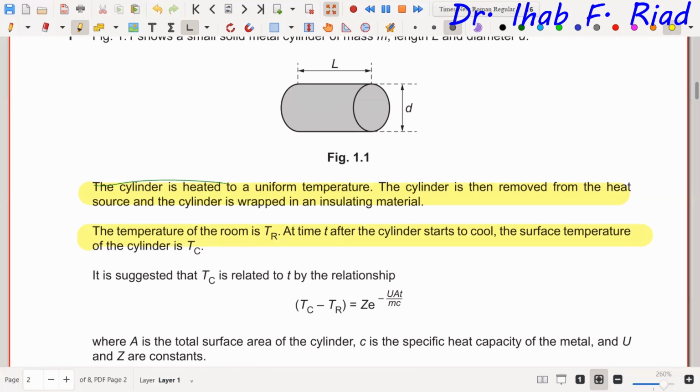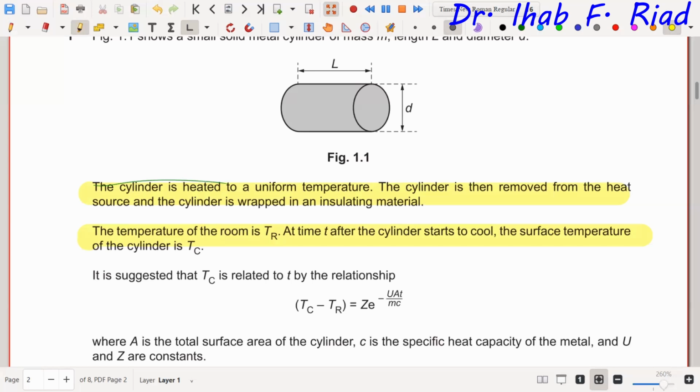I will change the temperature every time. You are going to change the temperature? Which temperature? For heating the cylinder. Actually, not accurate, because read again. The temperature of the room is TR. Then this is constant, right? Yes.